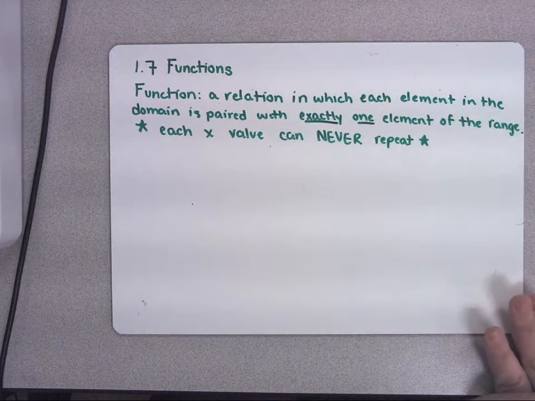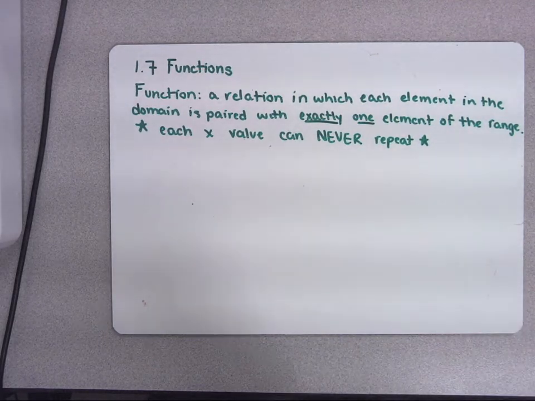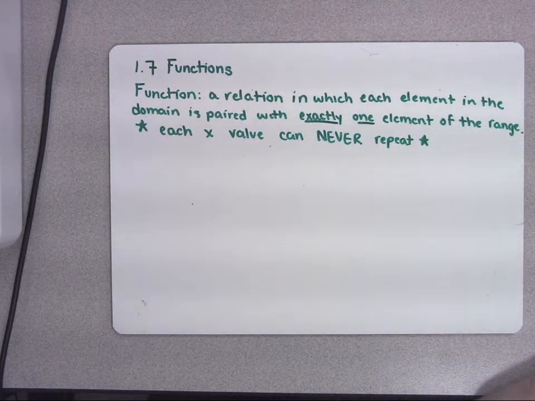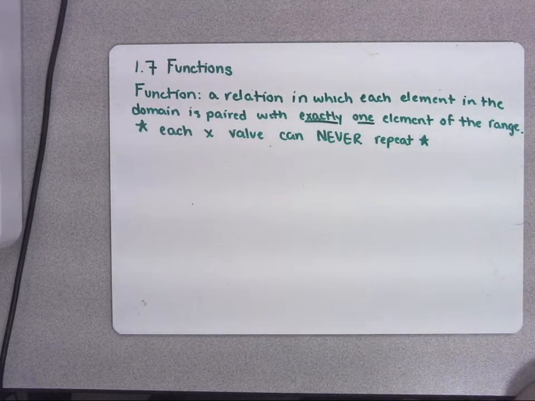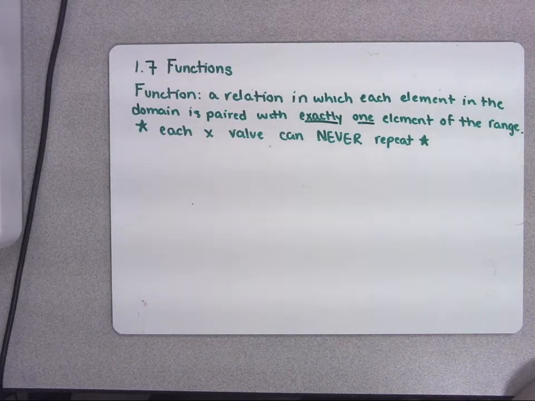That's what that really means. So if you have a bunch of points, or ordered pairs, you cannot have any of them that have the same X value. If so, it is not a function. It's just a relation, just part of some kind of equation.